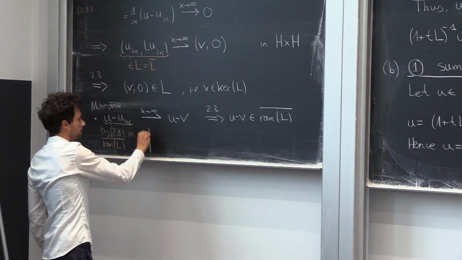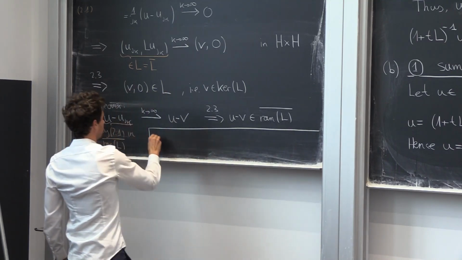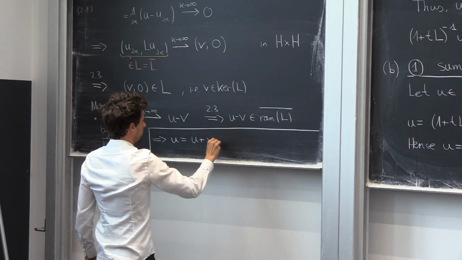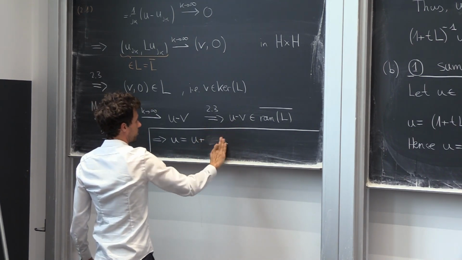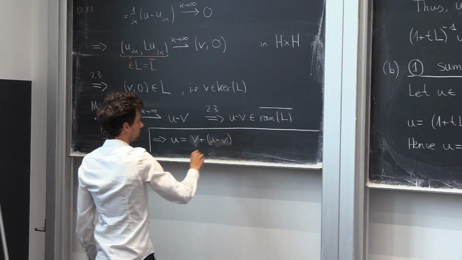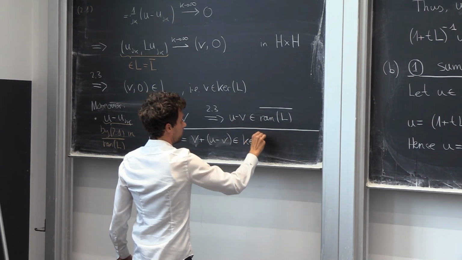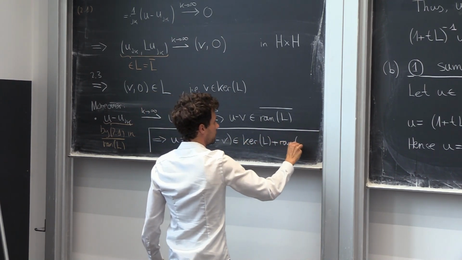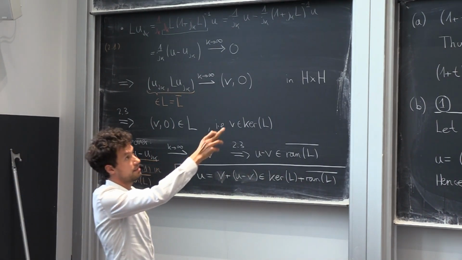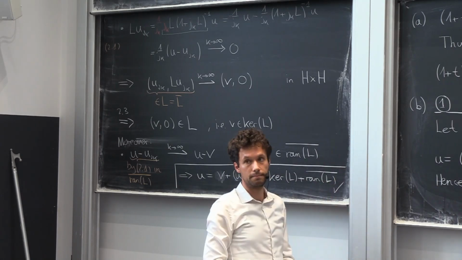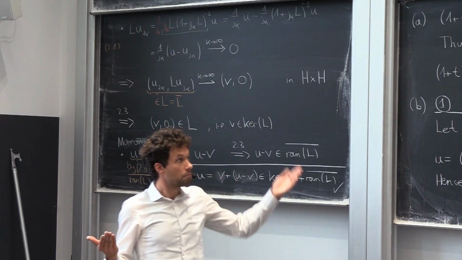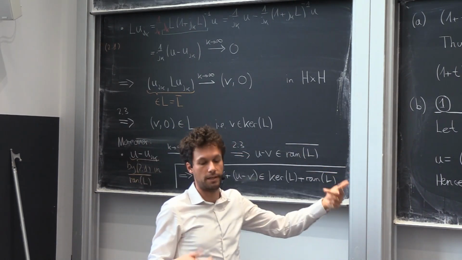And so I can conclude that u is equal to v plus u minus v, which is in the kernel of L plus the closure of the range of L. And so I showed that the sum spans all of H, and hence the decomposition is direct, spans all of H, and is topological by our considerations before.